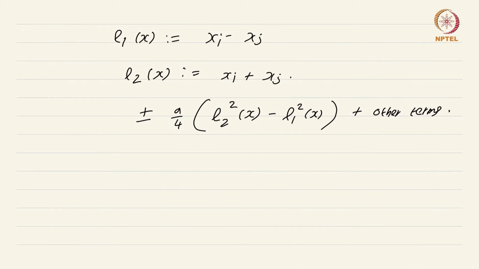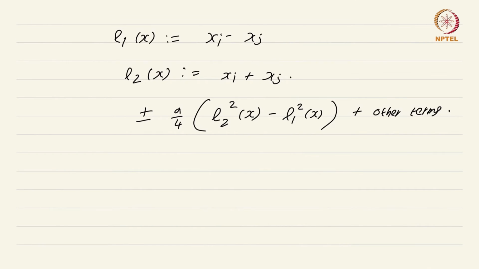L2 squared will be xi squared plus xj squared plus 2 xi xj, and L1 squared would be xi squared plus xj squared minus 2 xi xj. So when you subtract L1 from L2, those square terms cancel off and you will be left with plus 4 xi xj. That's why I had to put an a by 4 outside. This is just elementary algebraic manipulation.